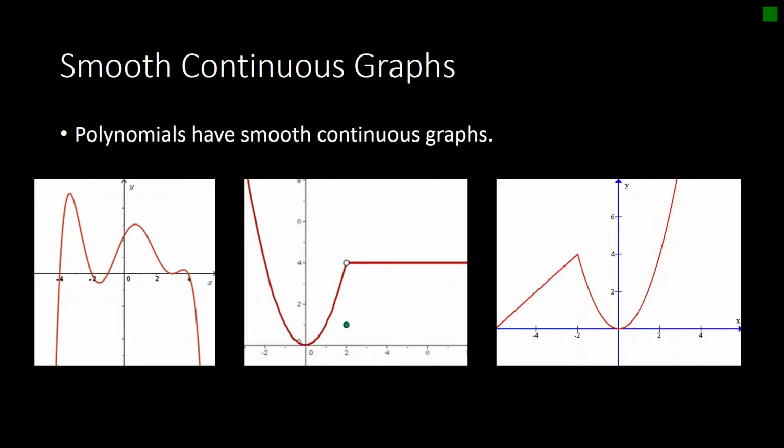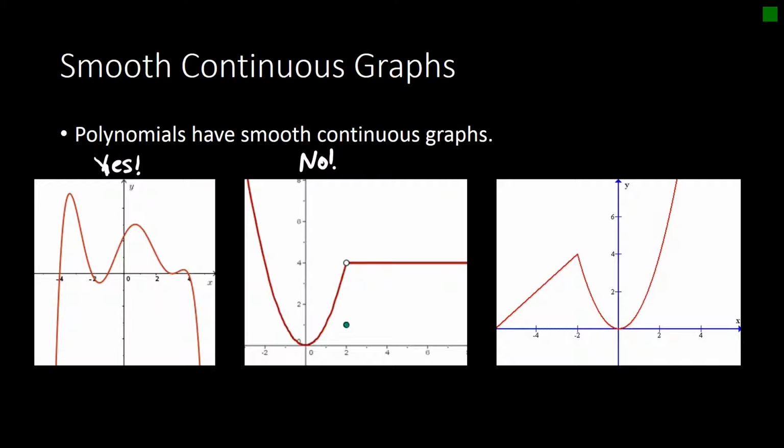So polynomials have smooth continuous graphs. So this first graph is a polynomial, smooth continuous graphs. This second graph is not. The second graph is not a continuous function because when we draw it, we have an open circle and a closed circle down there.